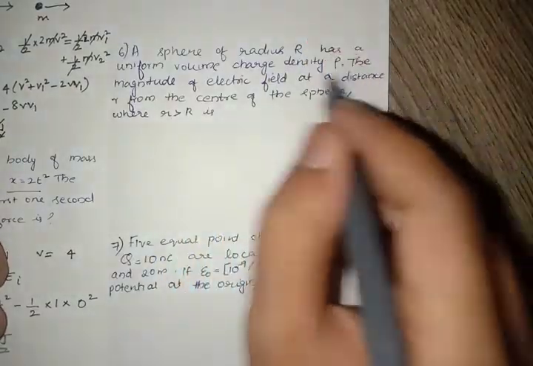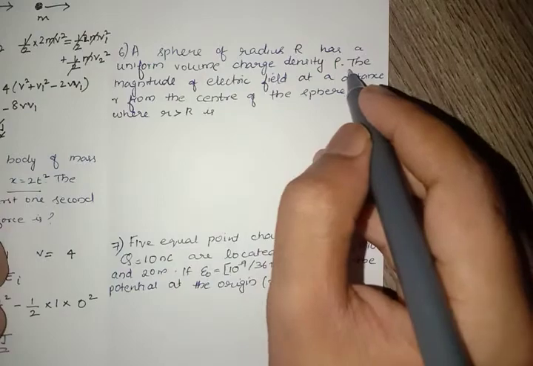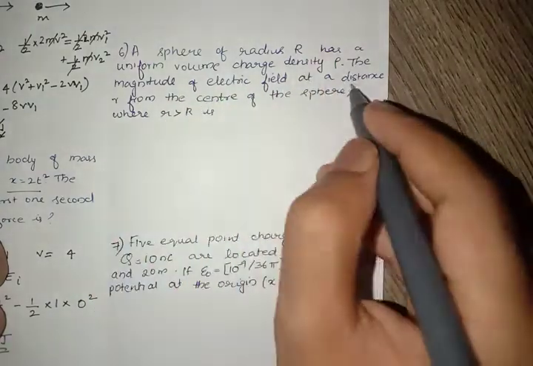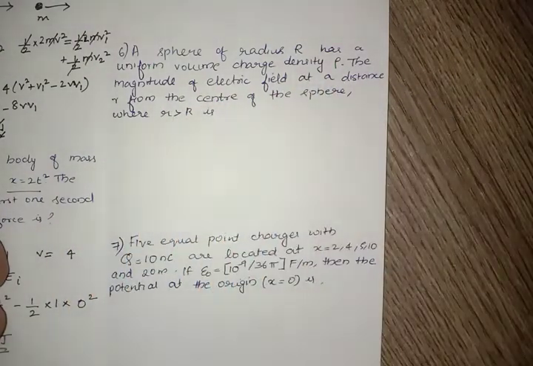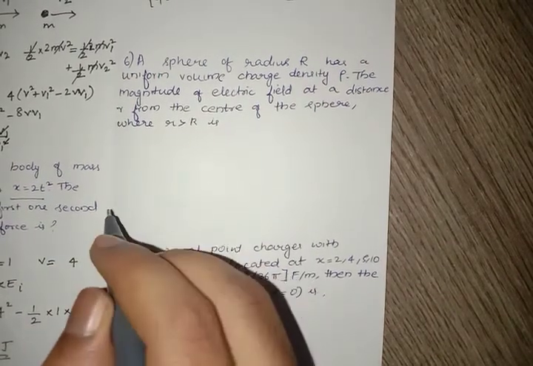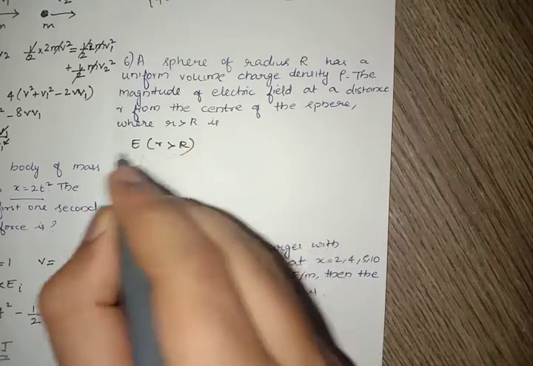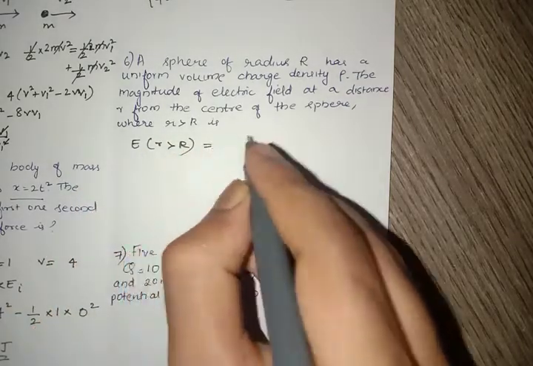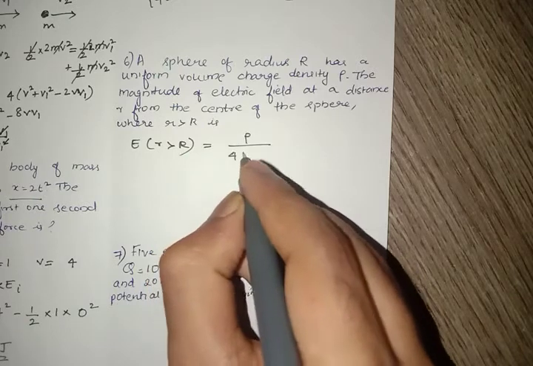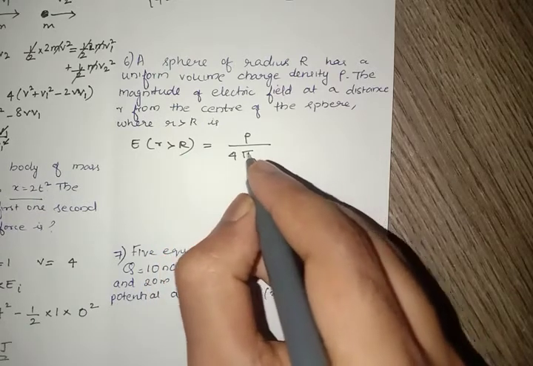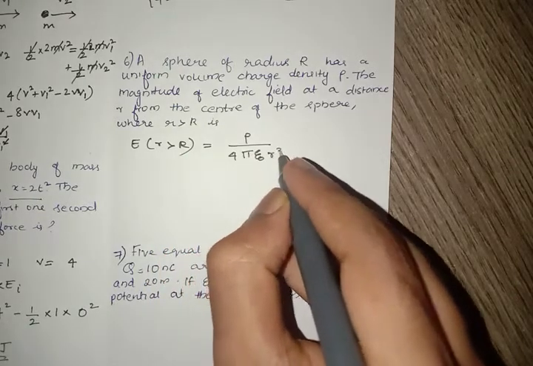A sphere of radius R has a uniform volume charge density rho. The magnitude of electric field at a distance r from the center of the sphere, where r is greater than R. In this question it is given that r is greater than R. So this will be equal to rho by 4 pi epsilon naught r cube.